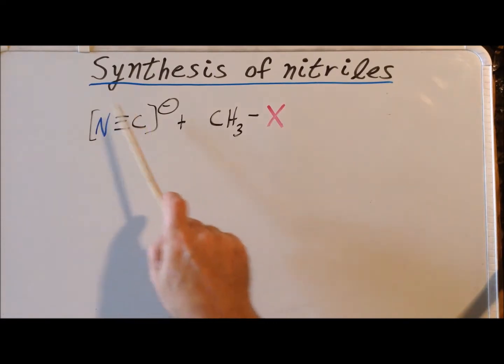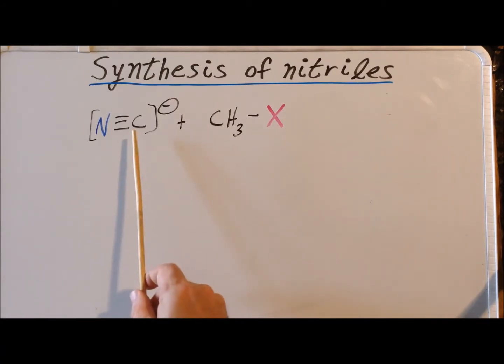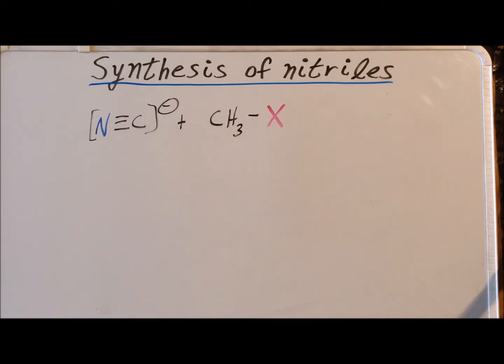So therefore, the actual nucleophilic attack takes place from the carbon end and not from the nitrogen end. You'll notice in the figures in the video that the cyanide ion is always presented in this direction to show it coming from the left, and with the carbon being the actual nucleophilic end of the species.